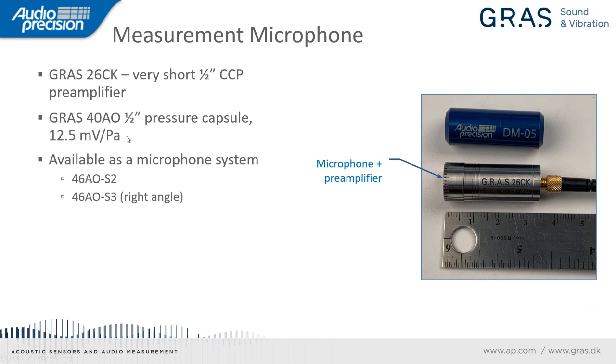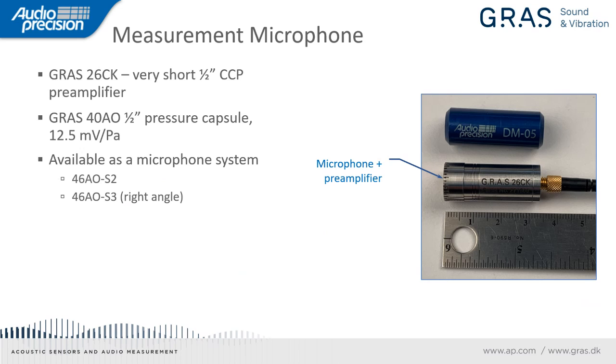Grass has quite a large variety of pressure capsules for half-inch microphones. Typical one would be this 40AO, which is a CCP type microphone capsule, and it has a nominal sensitivity of 12.5 millivolts per Pascal. So over here, I'm showing the capsule and the preamp combined.